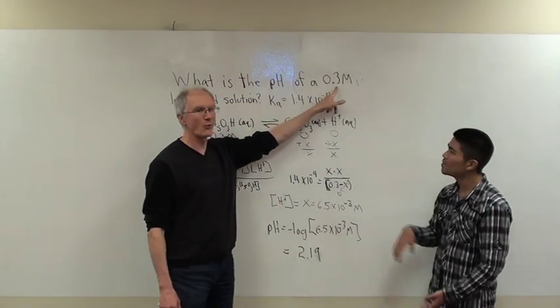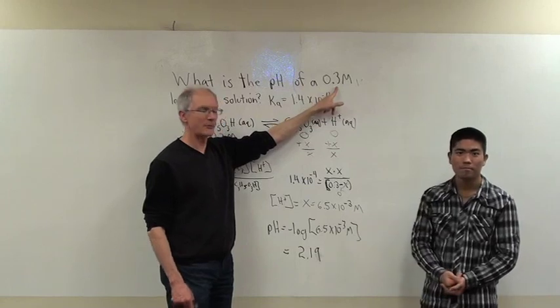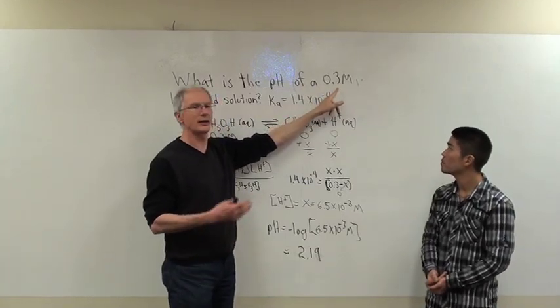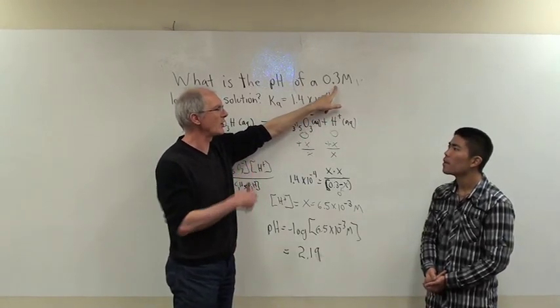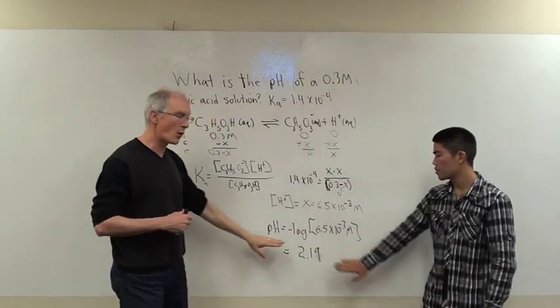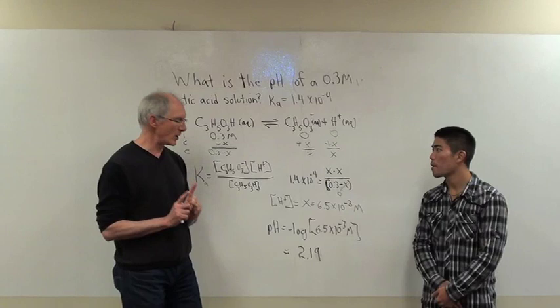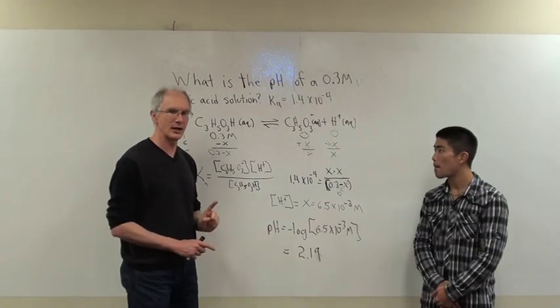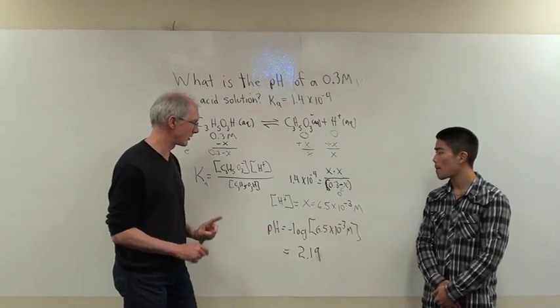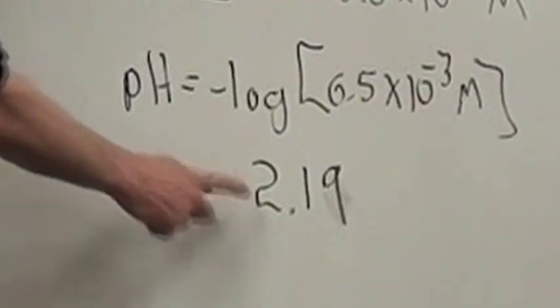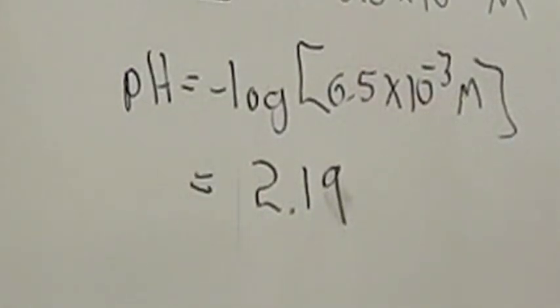Now, if I was paying attention to significant figures, I would say, well, I have 2 significant figures there. I only have 1 there. Yeah, I probably should have said 0.30, but let's pretend we only had 1. So I want 1 significant figure down here. And this is one of those weird things about logs and scientific notation and significant figures: the number out front doesn't count for logs.